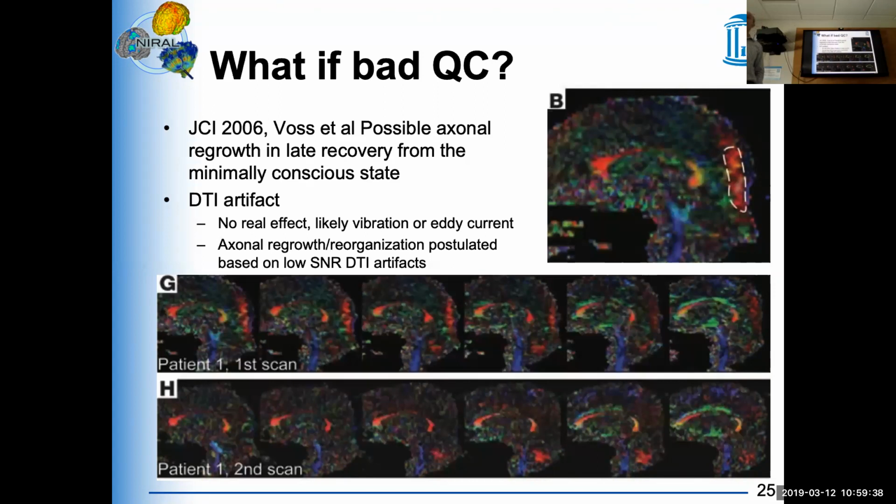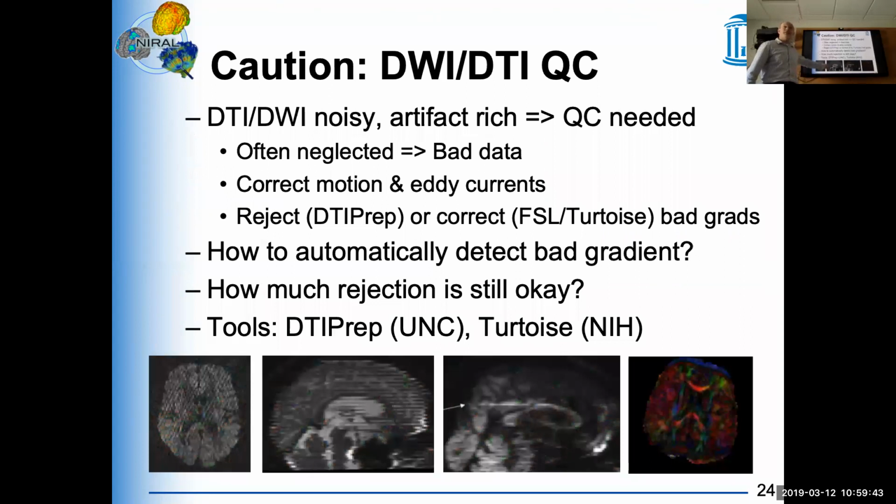The only thing that was corrected was motion. And if you had data that looked like this, this would be used for estimating your tensor. Now, if you have 40 directions and one of them looks like this, all the other 39 helped out. But if you have 10 looking like this, now you have a significant bias. Or if you only have 12 directions, which is still going on, one like this is going to be nearly 10% of your signal.